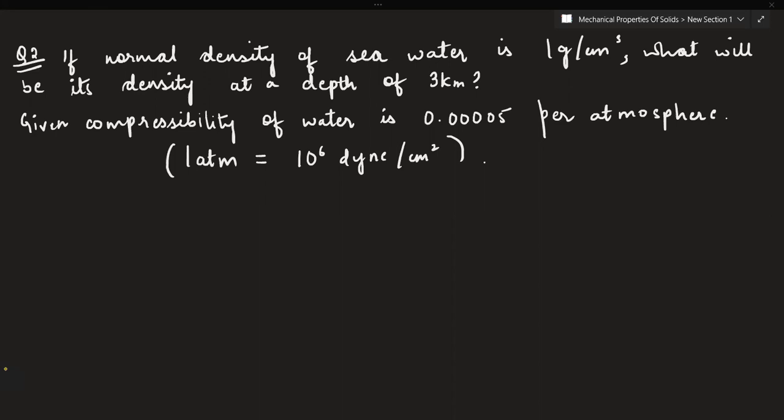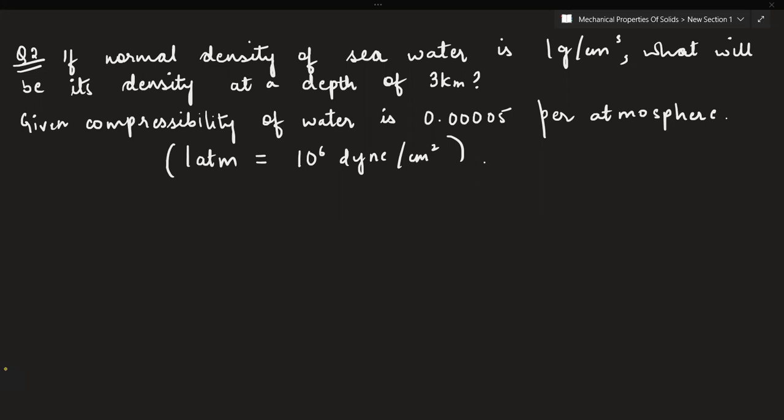How did you find out? Tell me your method. Density of water is 1 gram per centimeter cube. Depth is 3 kilometers, so height is 3 into, if we convert it into meters, 10 raised to the power 5. And the compressibility would be K is equal to 0.0005.